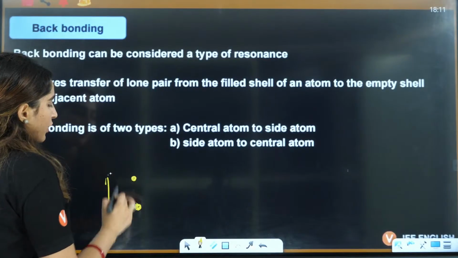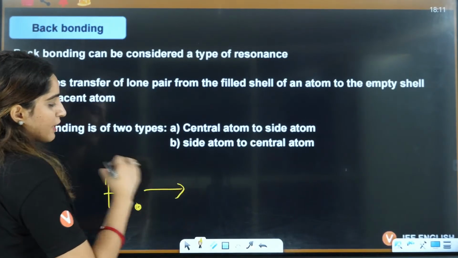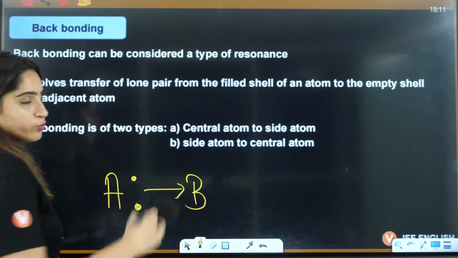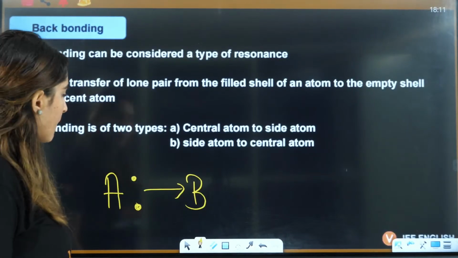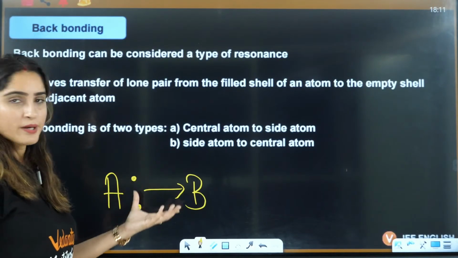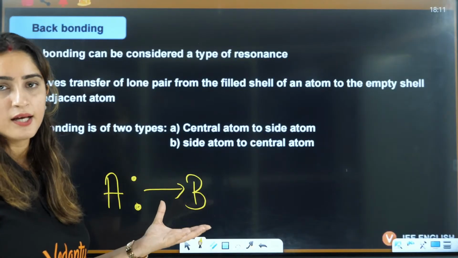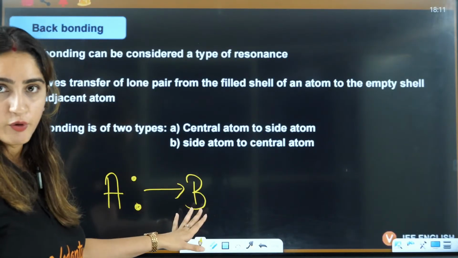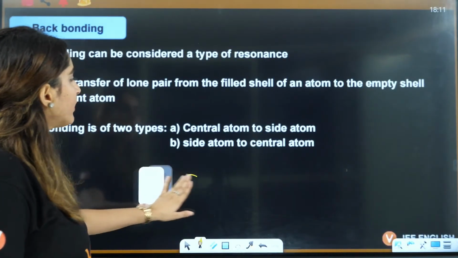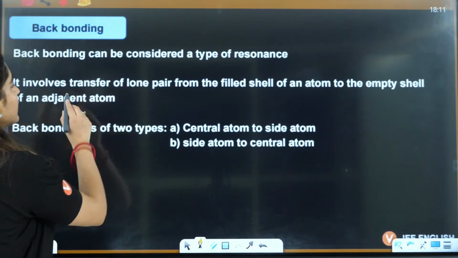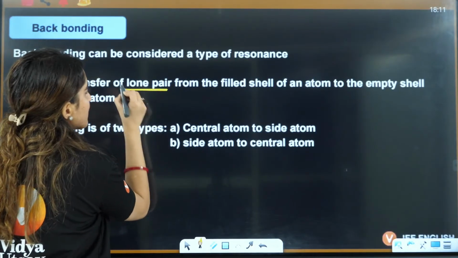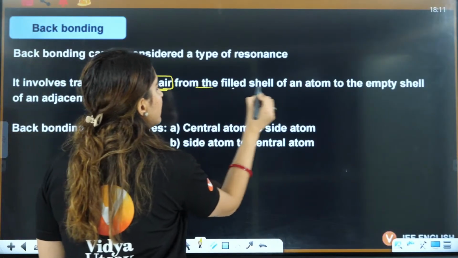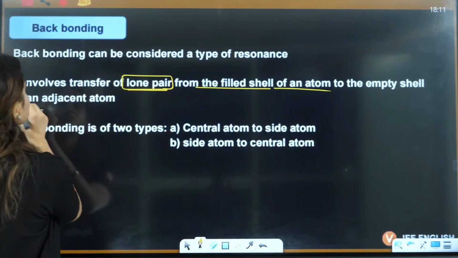We know that in a coordinate bond, you have a lone pair of electrons that is donated to B, right? But these lone pairs are fixed. That means once you have donated, you have donated. But in back bonding, what happens? It involves transfer of a lone pair specifically from the filled shell of an atom to the empty shell of the adjacent atom.